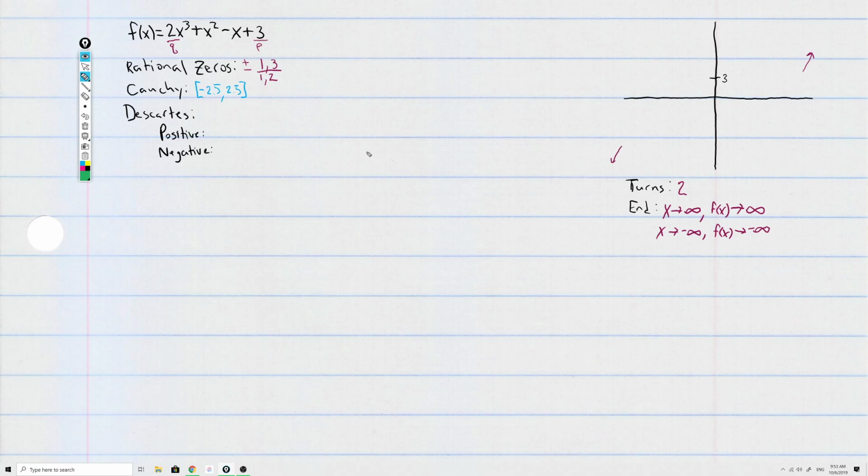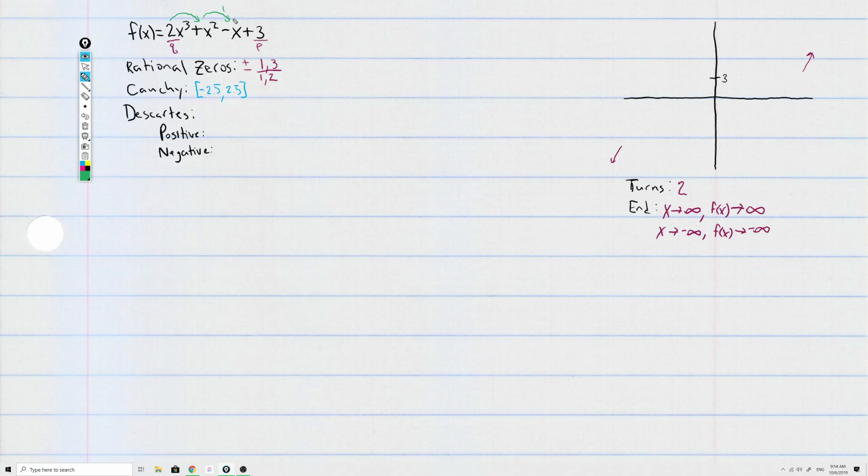Okay, now let's talk to our friend Descartes. He'll tell us how many positive real zeros or negative real zeros this polynomial might have. The positive side of Descartes is very simple. You just look at the function and count the number of sign changes in the coefficients. So +2 to +1, that's not a change. +1 to -1, okay, that's a change.